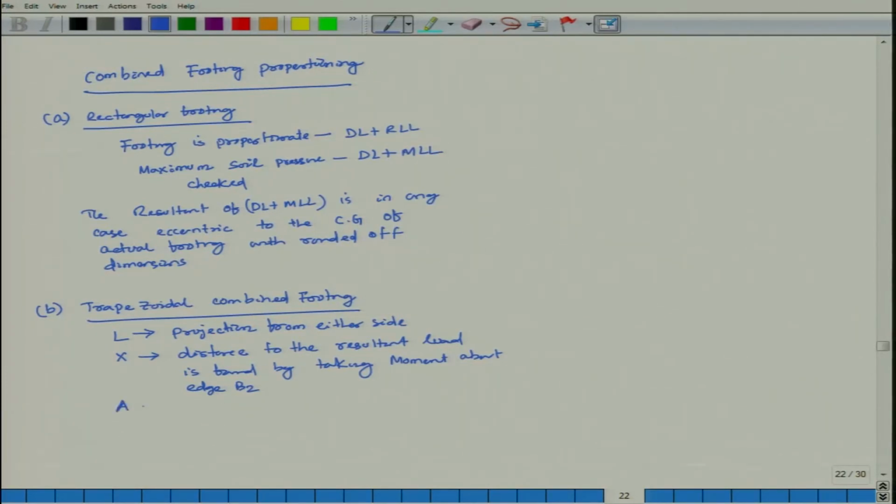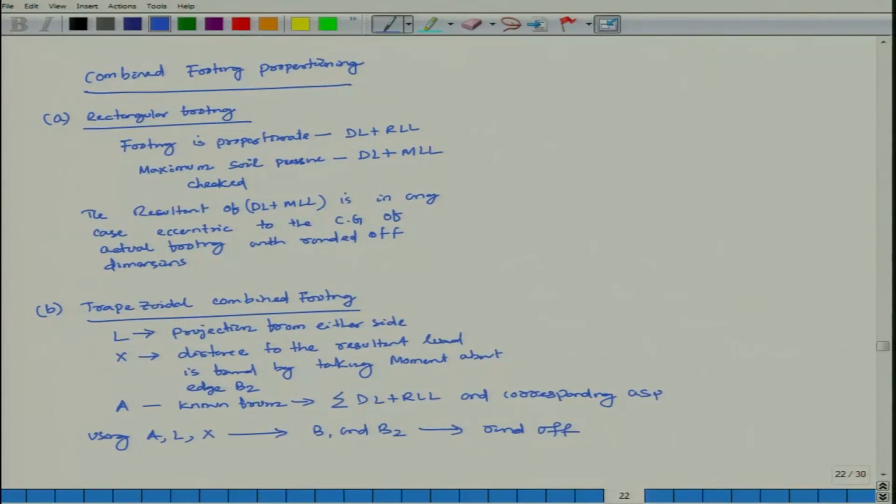A, area, known from means you can derive or calculate from your summation of dead load plus reduced live load and corresponding allowable soil pressure. Using A, L and X, then from there you have to find B1 and B2, then you round off.